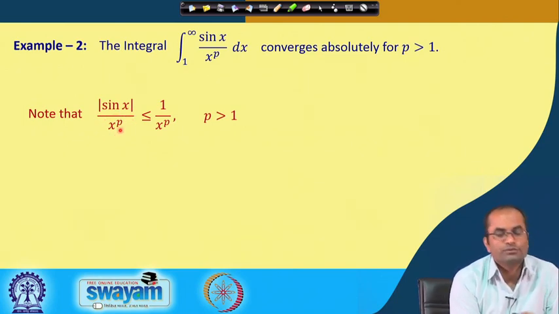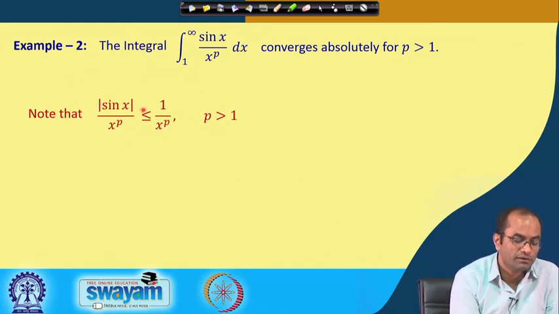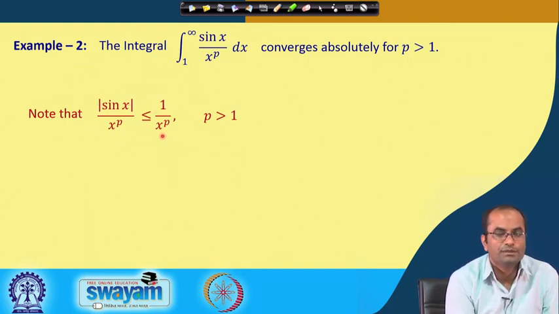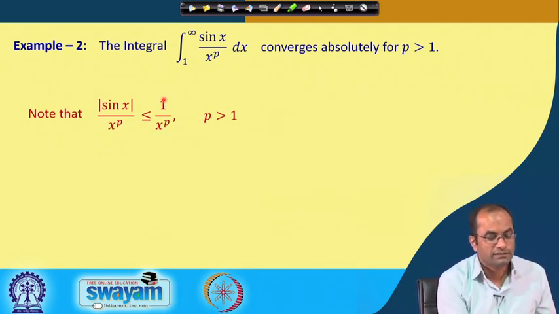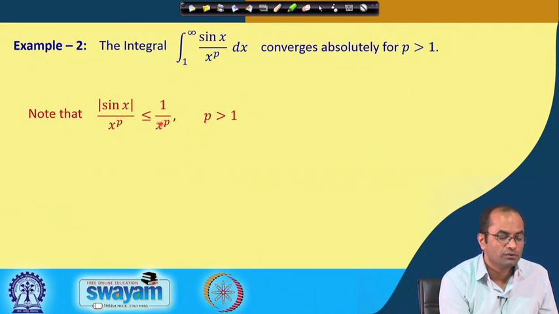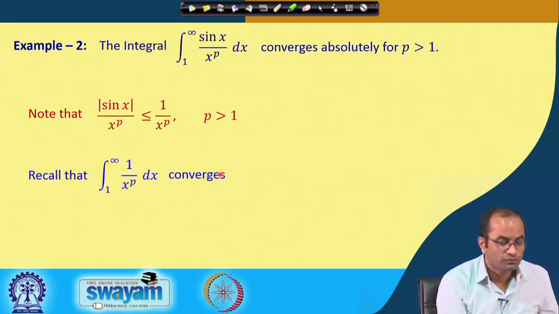we do not have to use the absolute value on the denominator because it is positive, and this is bounded by 1 over x to the power p, because sin x will never take a value greater than 1. So, we can bound this by 1 over x to the power p, and we now know by the comparison test that the integral from 1 to infinity of 1 over x to the power p converges.